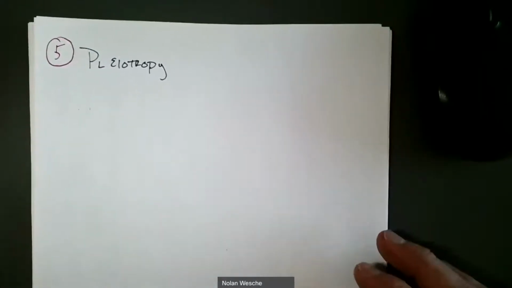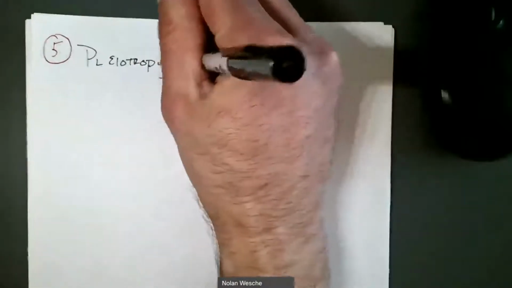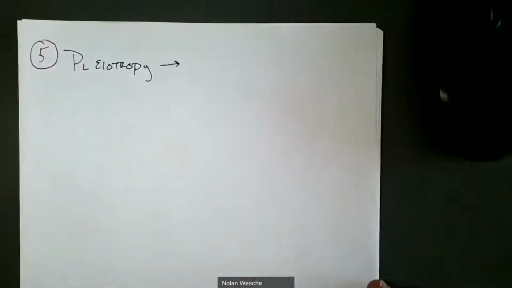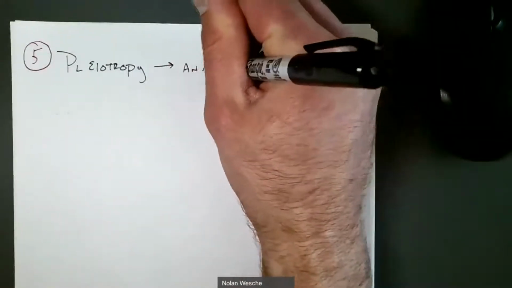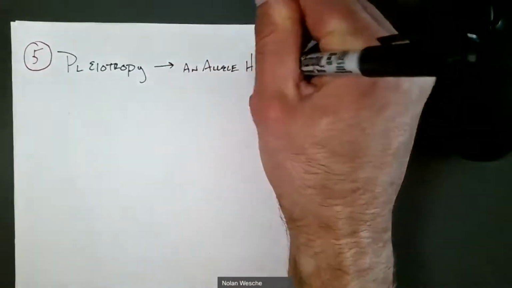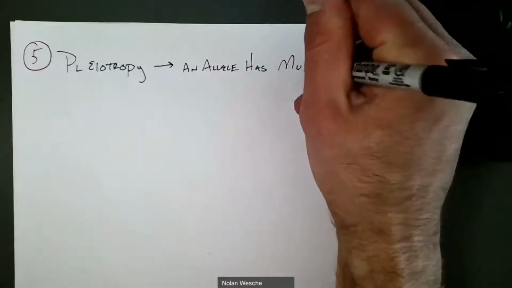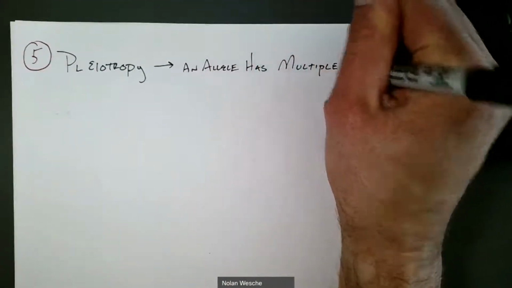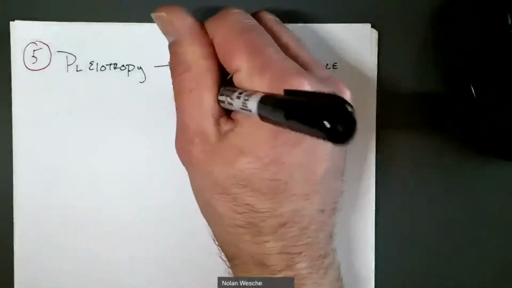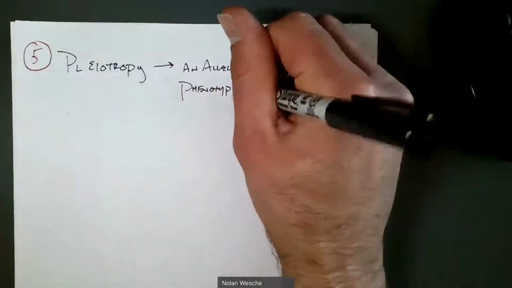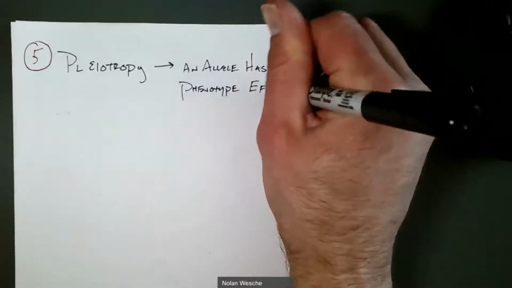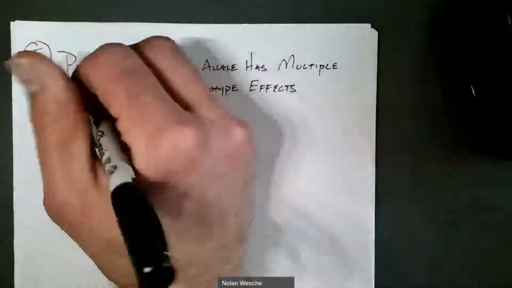So we'll go back to the notes here, and we'll just put a brief notation on that. Again, you've got a mutant allele. So we'll say an allele has multiple phenotype effects, pleiotropic effects.